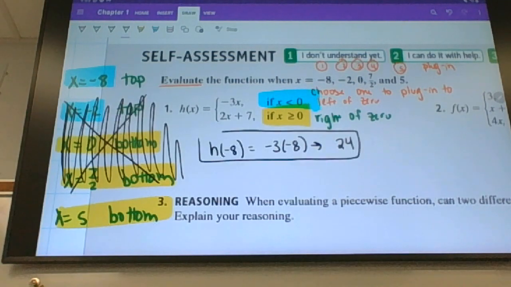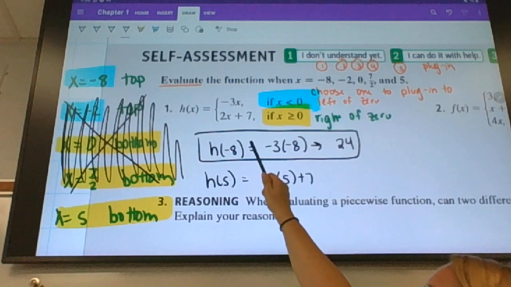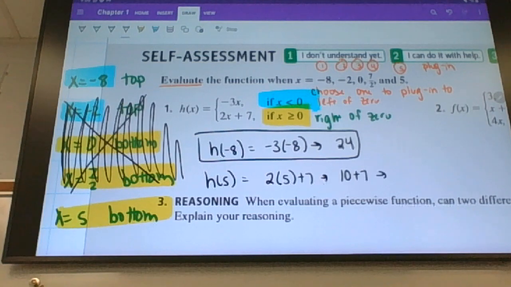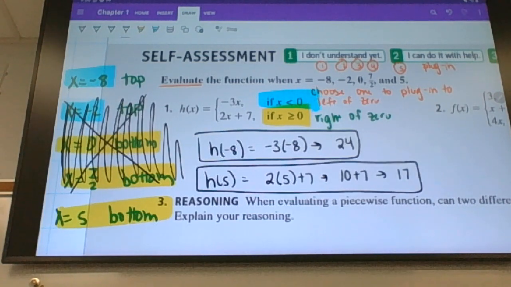Done. And for 5, I'm going to do 2 times 5 plus 7. So I'm plugging in for x. This is just fancy notation. And that's going to be 10 plus 7, that's 17. You plug in for x and you do the math.